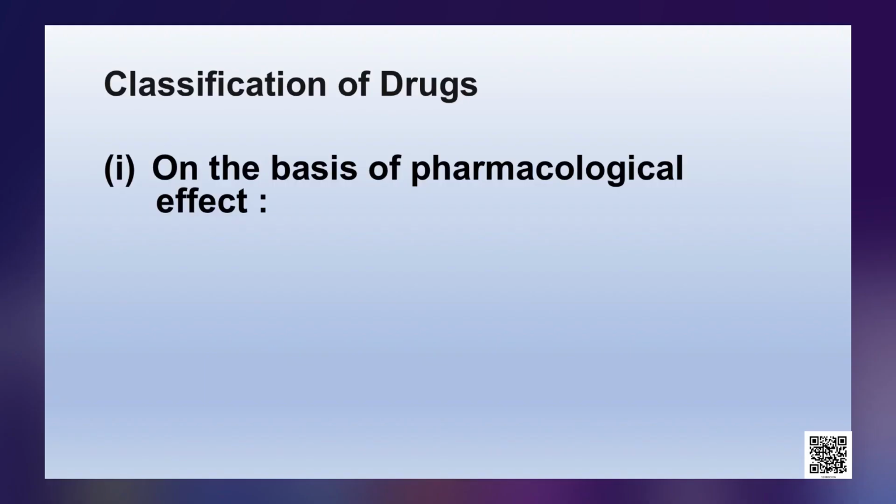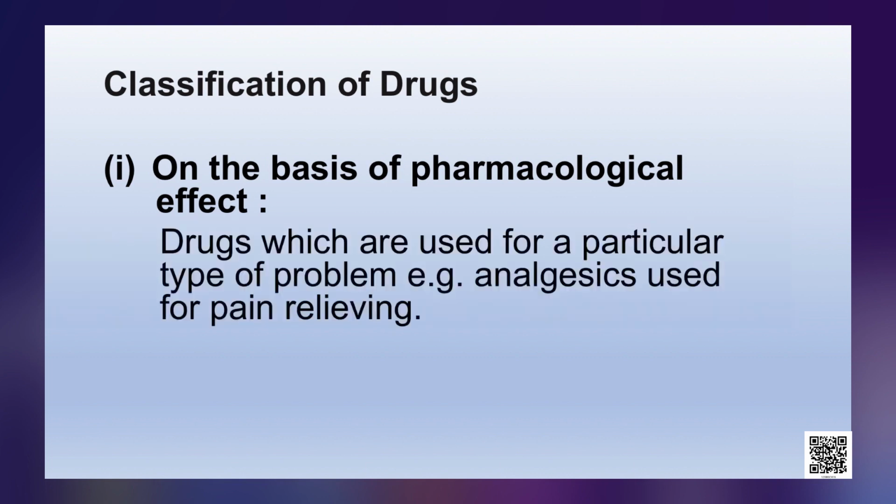Now, we will discuss the classification of drugs. Drugs can be classified into mainly four groups. First is on the basis of pharmacological effect. Drugs which are used for a particular type of problem, for example analgesics used for pain relieving, are kept in this category.